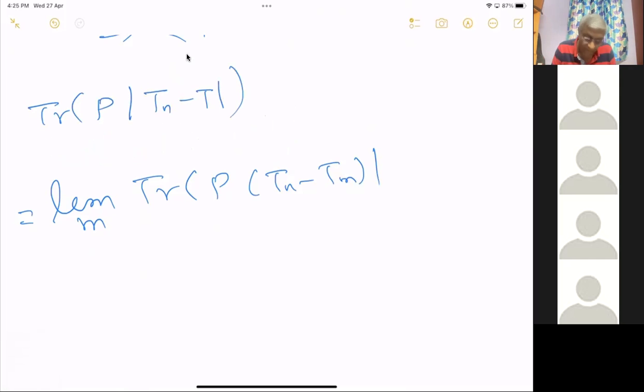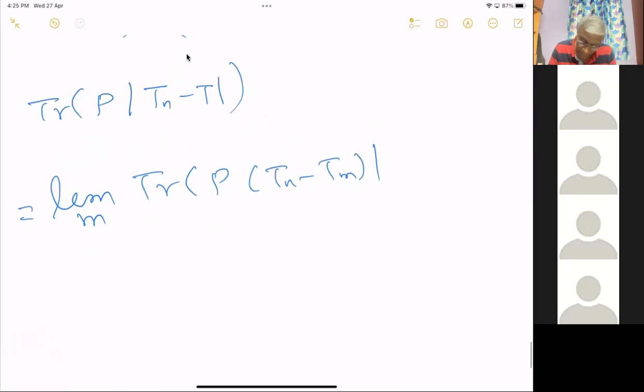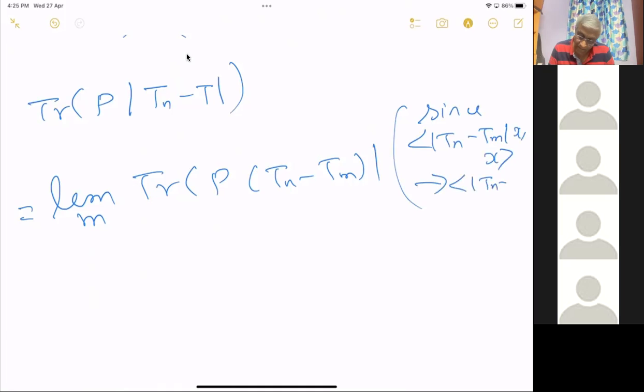So I'm hitting it with a finite rank projection P like this. Then I'm saying this is exactly equal to the limit. See, this is true, since the inner product of (Tn - Tm)x, x goes to the inner product of (Tn - T)x, x as m goes to infinity, right?